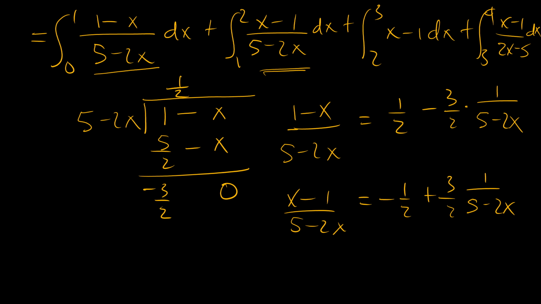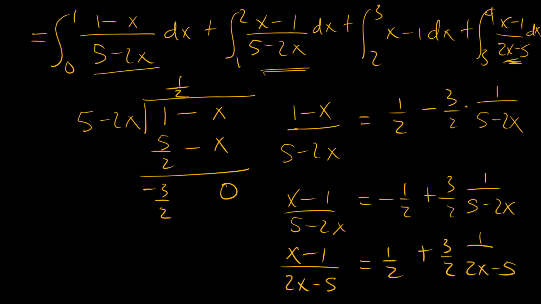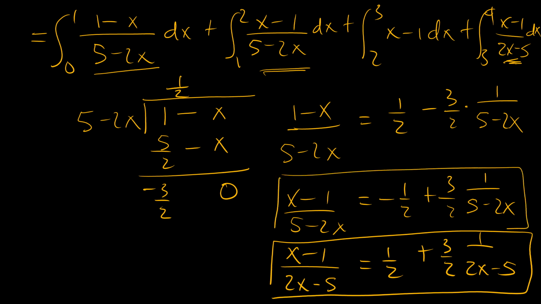We could as well also look at this fraction here. It's easy to see that this over 2x minus 5 is a half plus 3 over 2, 1 over 2x minus 5. So we have three fractions, 1, 2, and 3.